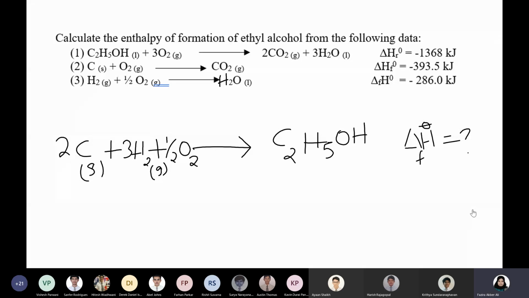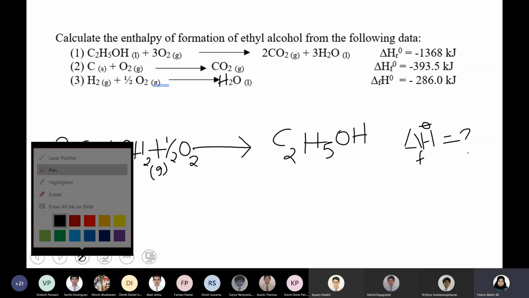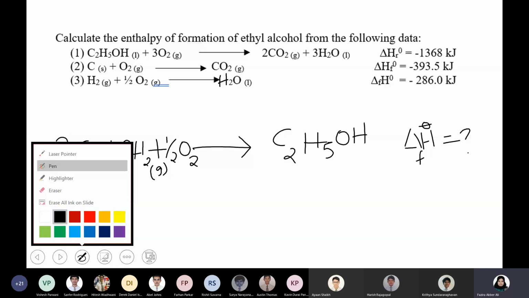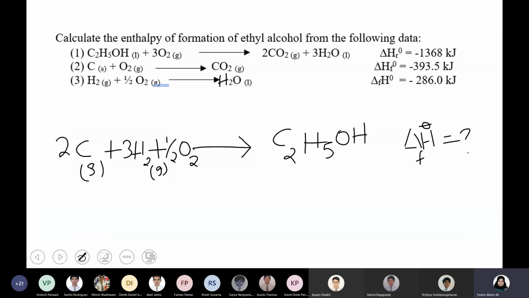Done? So for easy understanding, we'll just label these equations as 1, 2, and 3.